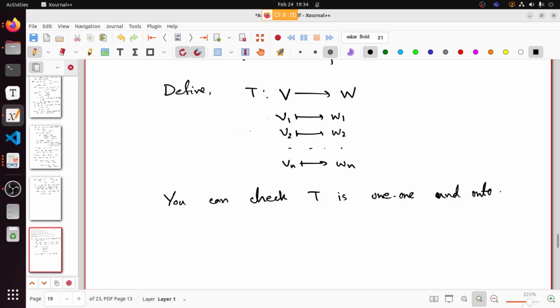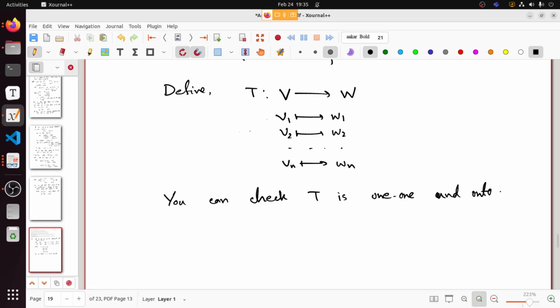If you take any vector in W, it can be written as a linear combination of w1 up to wn, right? And then just take the pre-image, c1v1 + c2v2 + ... + cnvn, which will map to that vector. So T will be onto. And why will it be one-one? Just check what is in the kernel. Using the linear independence of v1, v2, ..., vn, you can show that the kernel of T is 0, right?